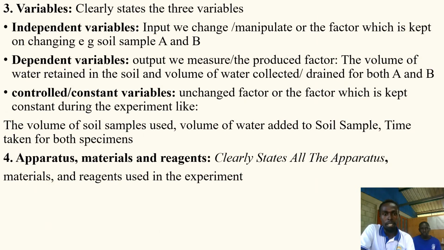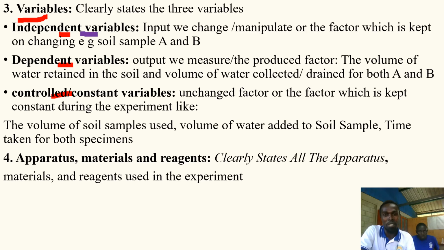Well, the next requirement is you must mention the variables. They should be very clear. And under variables, there are 3 different variables that we are going to consider here. Number 1, we have the independent variable. These ones are very independent. We don't have anything to do with them.